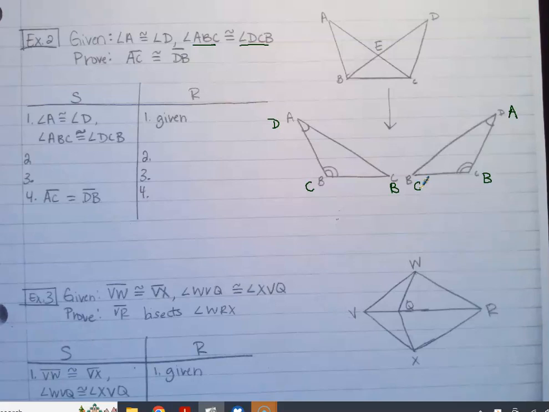Okay, we just learned a new theorem today. What was our new theorem? Which one? Isosceles. 4.4.4? No, this is an equilateral triangle, but good try. What was it, Justice? The converse of the isosceles triangle. We don't know anything about these being isosceles, though, so that one wouldn't be helpful.